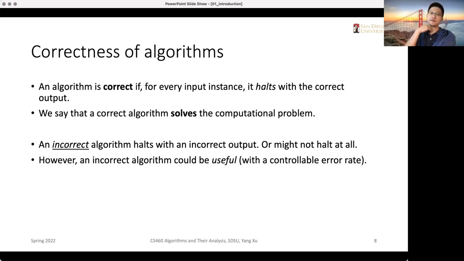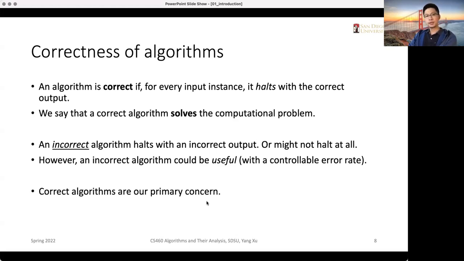If that algorithm is incorrect 1% of the time, but it is pretty fast or pretty efficient in terms of time or memory, then it's probably still a fairly good choice, depending on the performance.